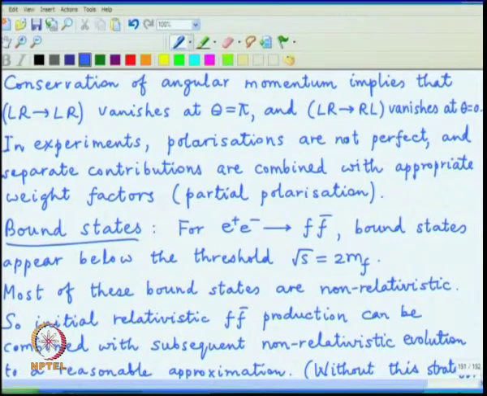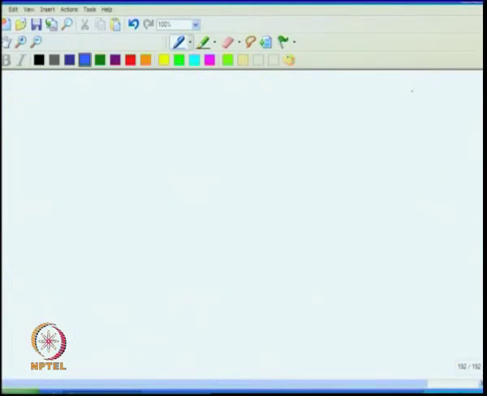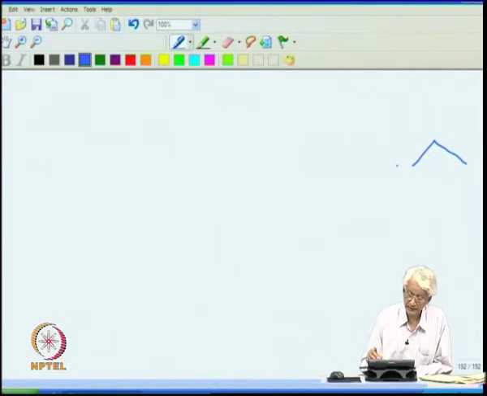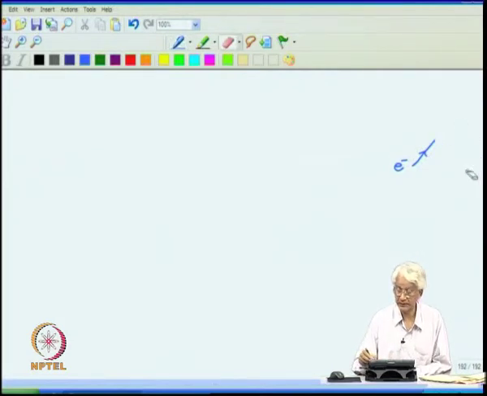So, now let us just explicitly write down some formula which show this structure. So, let me draw the fermion antifermion bound state diagram. Once again, slightly different than what I drew earlier.